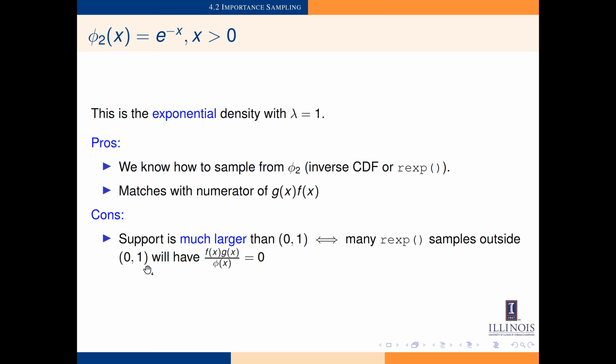And for these samples, the corresponding f(x) times g(x) divided by phi 2 of x will evaluate to 0. And this will make our estimator very inefficient. So say we obtain a total of 10,000 draws, then many of them will be outside the interval between 0 and 1, and we won't be actually using them.